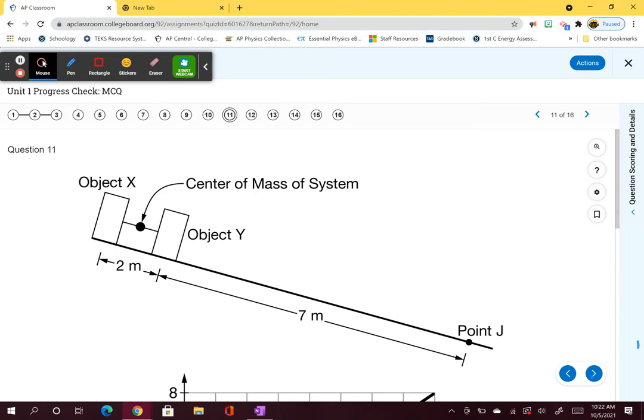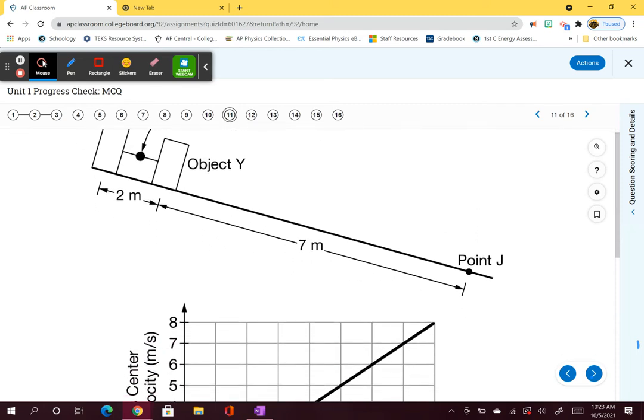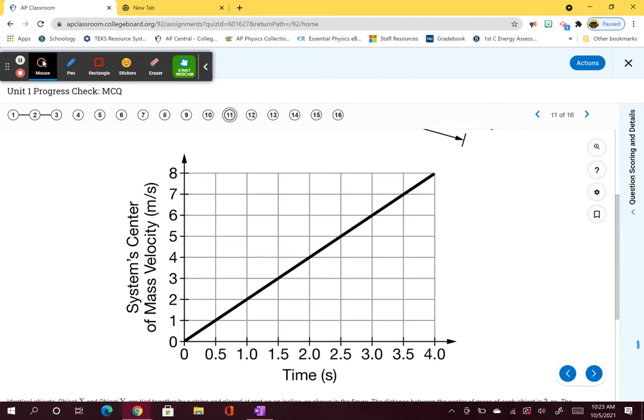Next question. So another linear mass system. So it gives you object X, object Y, center of mass. From center of mass to center of mass is 2 meters, and then from the beginning of object Y in point J is 7 meters. It gives you a velocity versus time graph, and it's of the system.